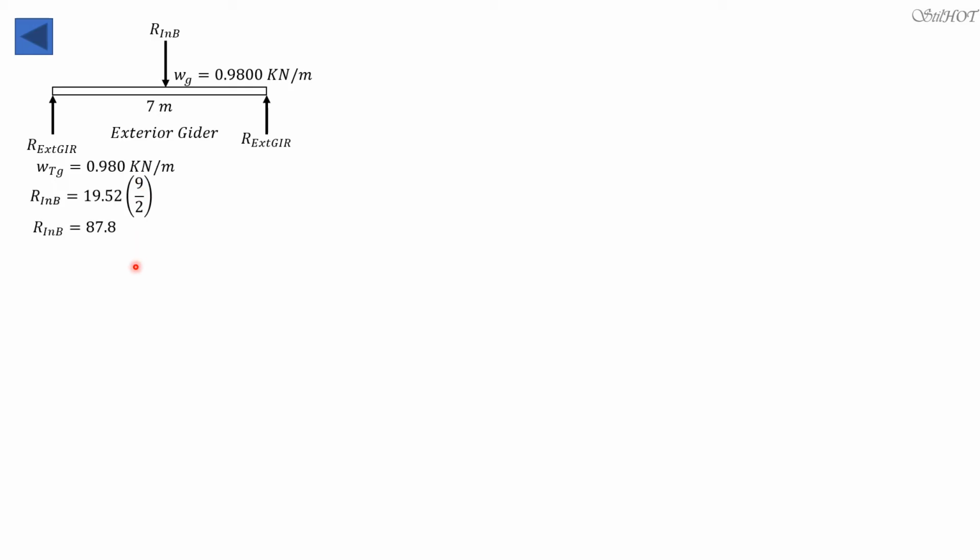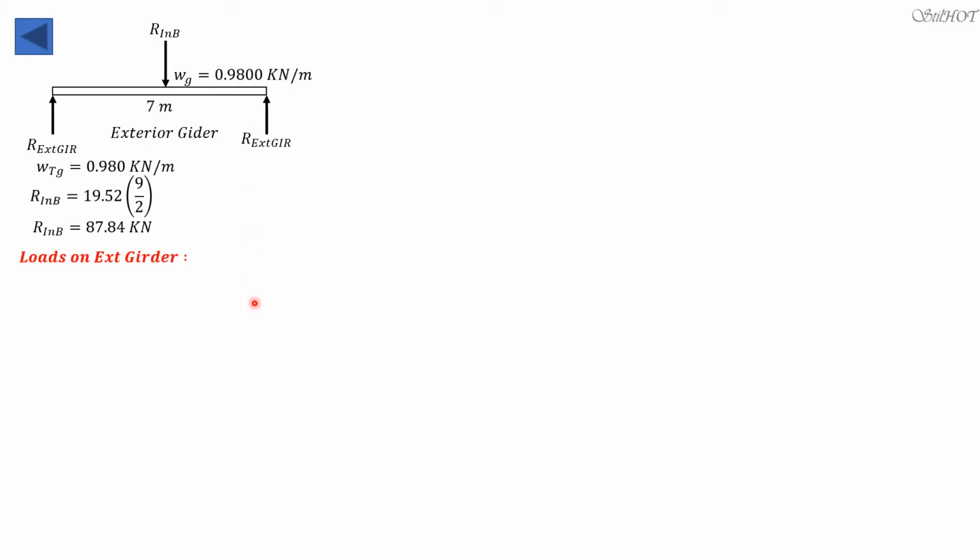So R interior beam, the reaction in the interior beam, is 87.84. Therefore, the loads on the exterior girder would be 0.98 kilonewton per meter, and we have a concentrated load at the center. By the way, the length of the girder is 7 meters. 7 meters is 3.5 times 2 because we have only two spaces for the exterior girder.